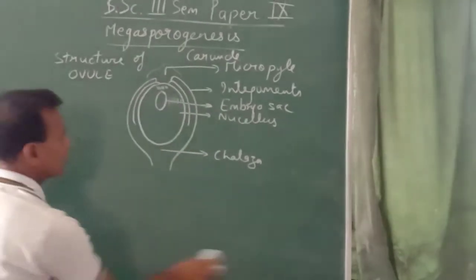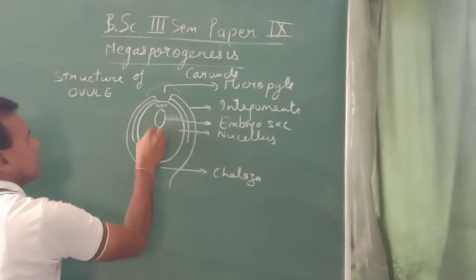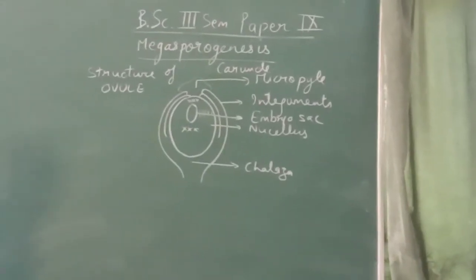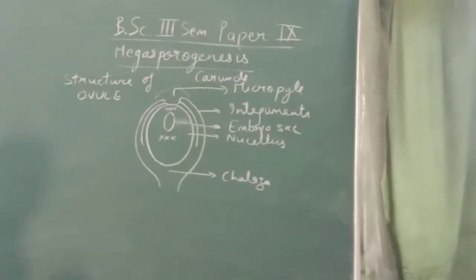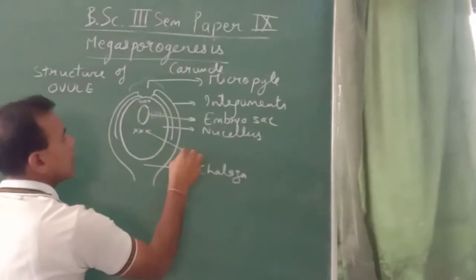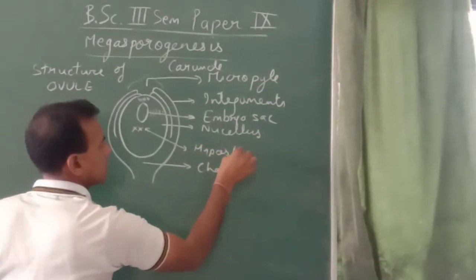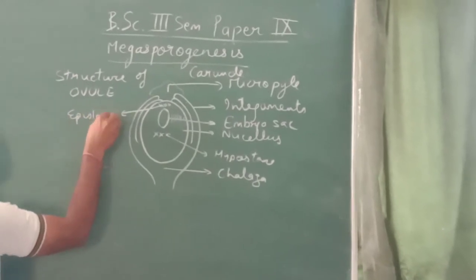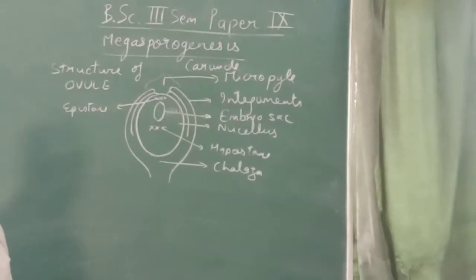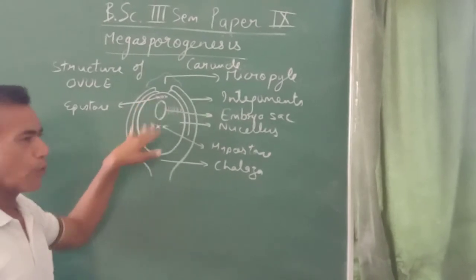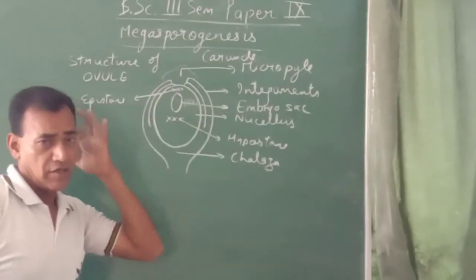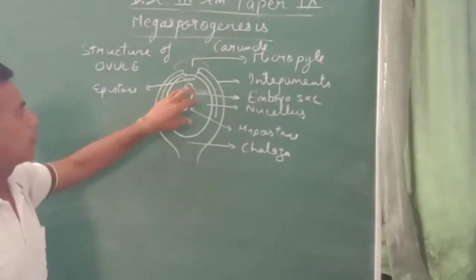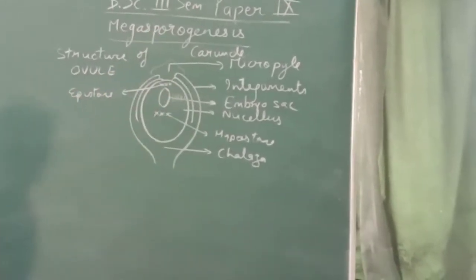These tissues here and here are known as hypostase and epistase. Though the exact function is not known, it is supposed that they prevent the outward movement of the developing embryo from this structure.